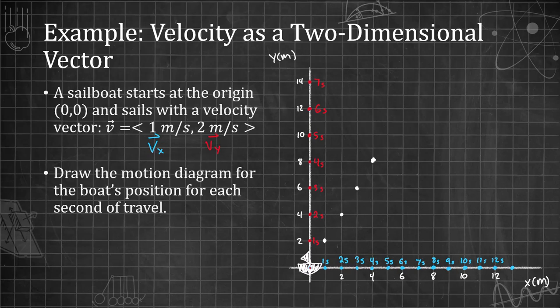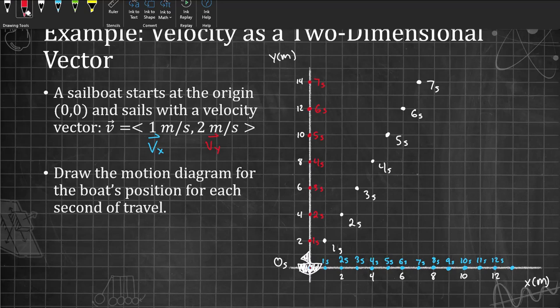At 1 second, the boat has a horizontal position of 1 meter and a vertical position of 2 meters. So we can just treat these as coordinate pairs, and show the boat's position as a function of time. We'll draw a white dot indicating where the boat is in this coordinate plane at each timestamp.